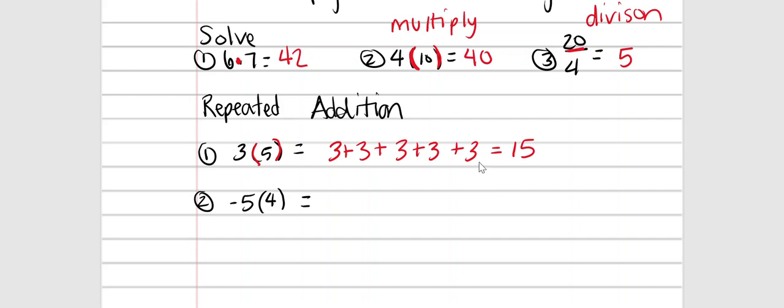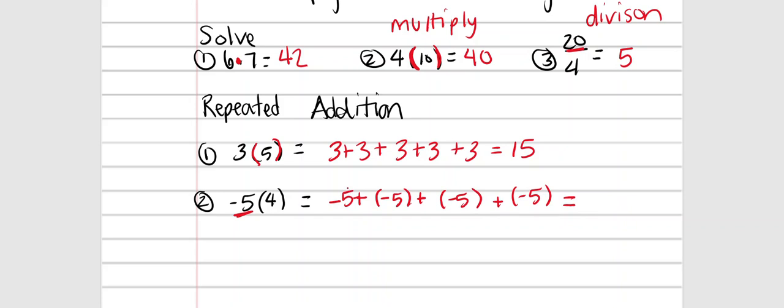I want you to use that knowledge and try the next one with an integer. Okay, so I'm just taking that negative 5 and I'm going to add it 4 times. So negative 5 plus negative 5 plus negative 5 plus negative 5.